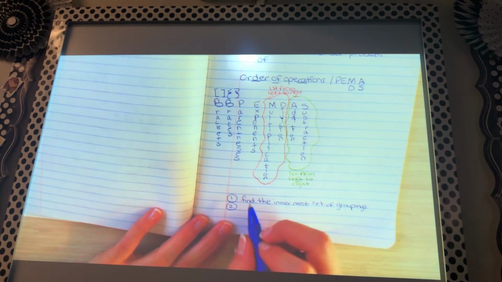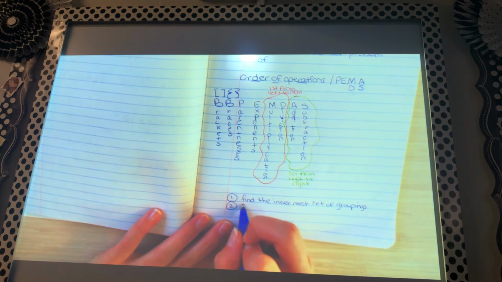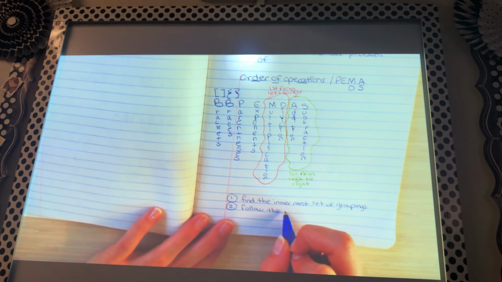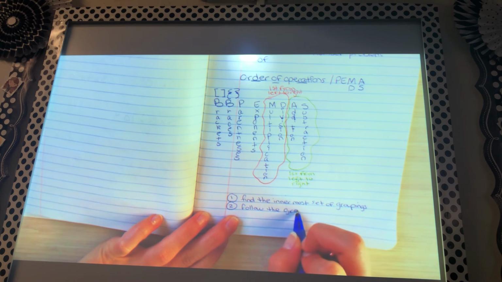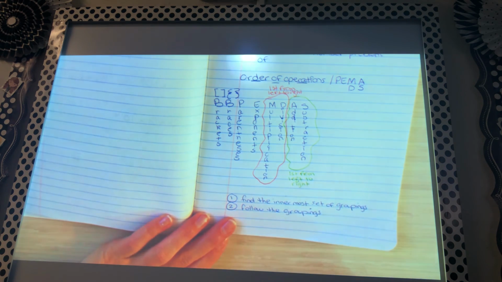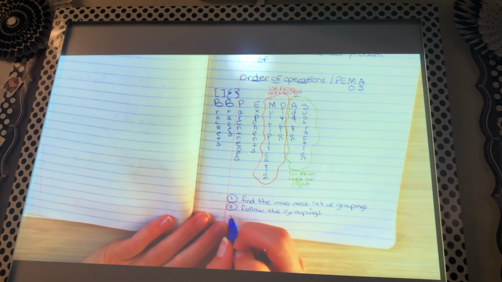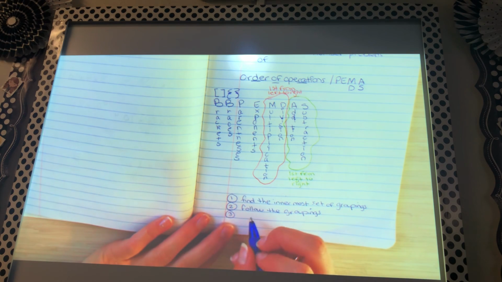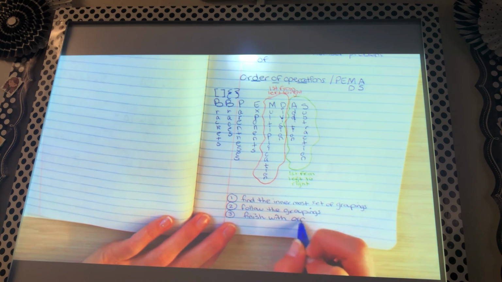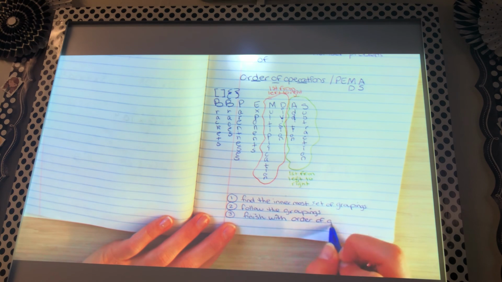Then step 2, follow the groupings, which could be brackets or braces. Brackets comes first, and then finish with order of operations.